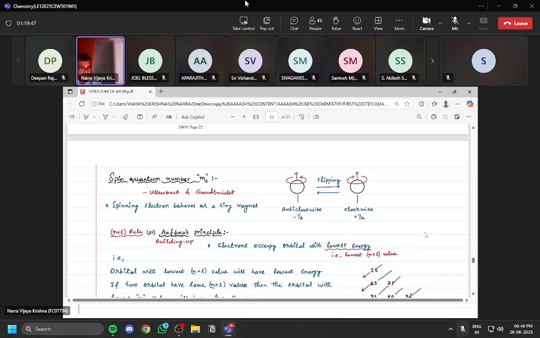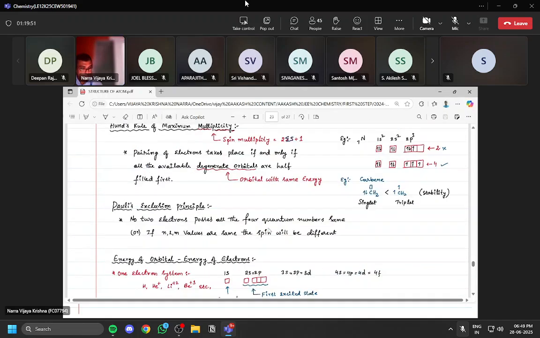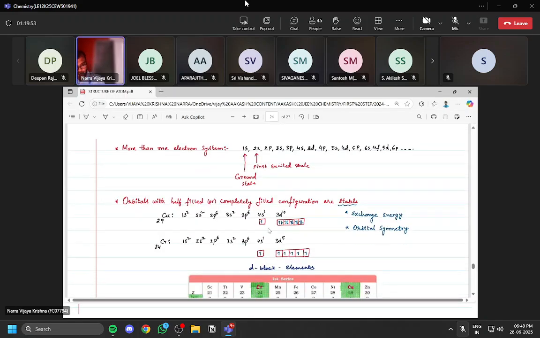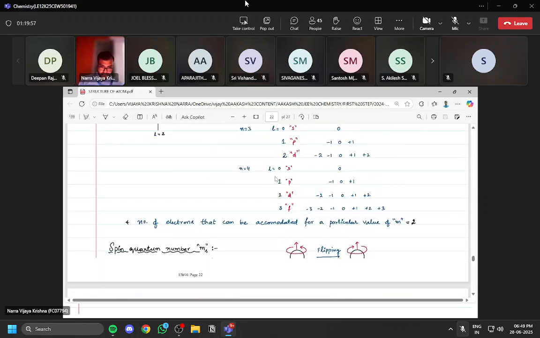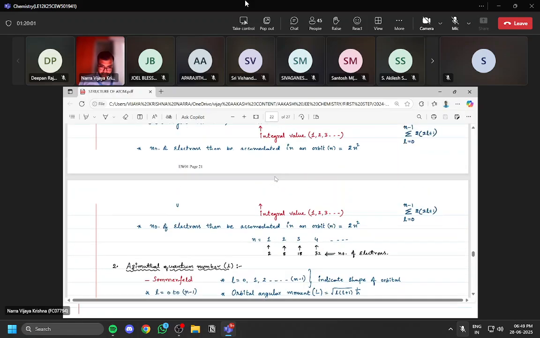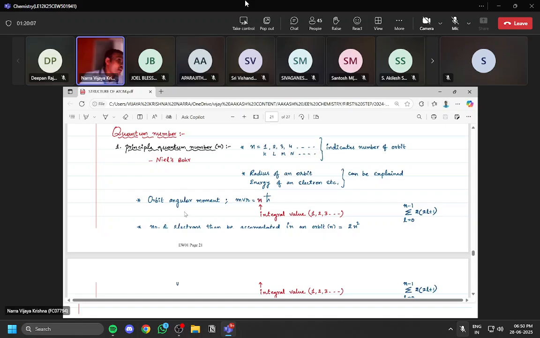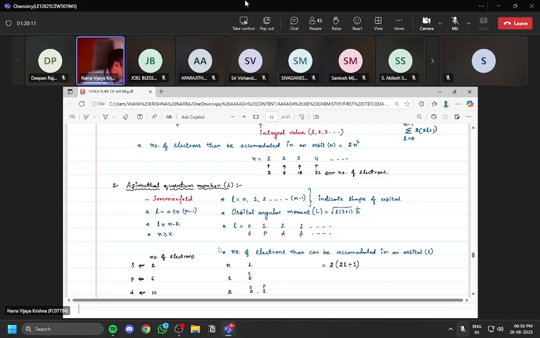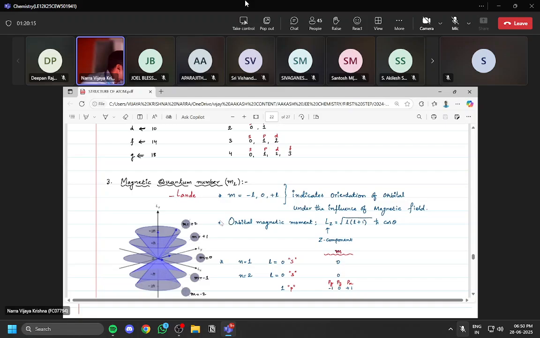Now, this is orbital angular momentum, and this is the Z component of orbital.